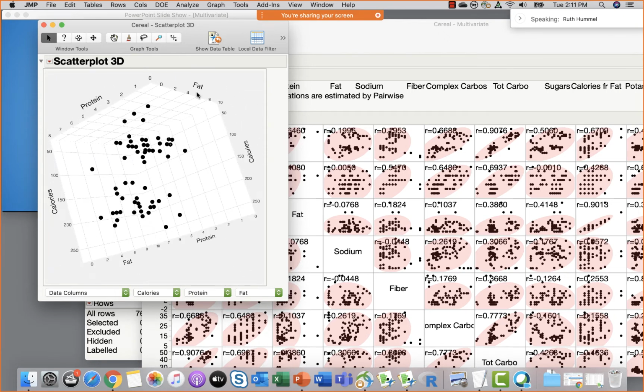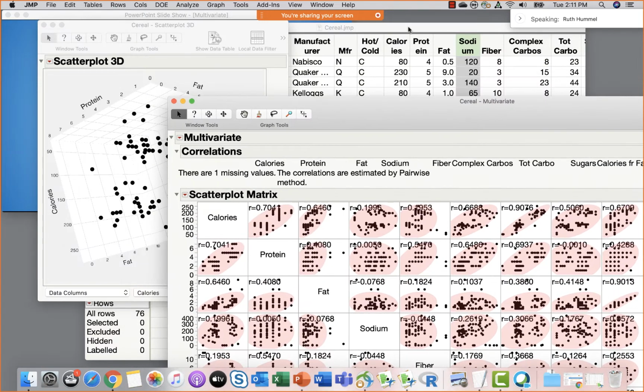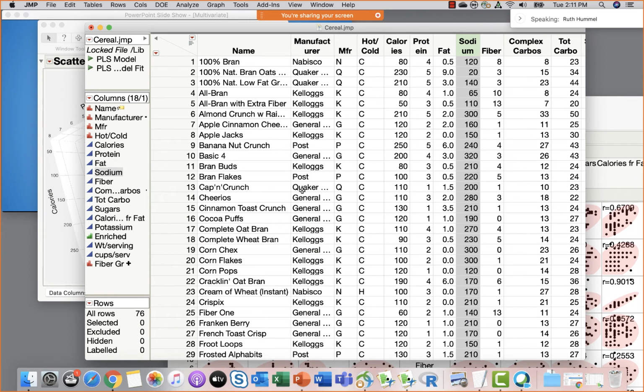So let's first think about maybe clustering the data. If we look back at the actual data set, we can cluster the data in two ways. We can either cluster the rows that are similar together, so we can see which cereals are similar. Do they tend to have higher calories together and higher protein and higher fat? Maybe that's one cluster. Maybe high calorie but low protein is another cluster. So we'll find trends across all those variables and cluster the rows together.